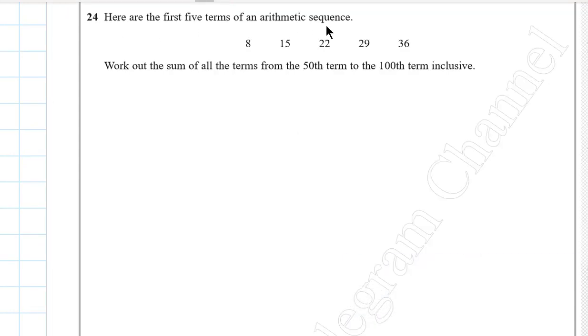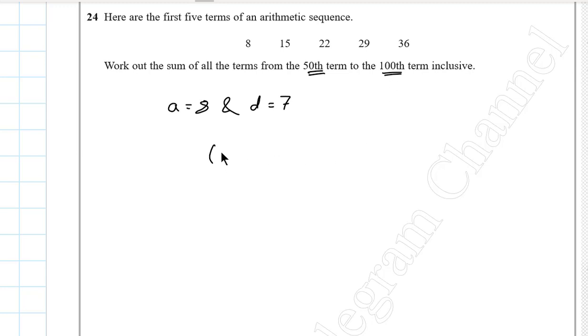24. Here are the first 5 terms of an arithmetic sequence. So we have a equals 8, and d, the constant difference, is 15 minus 8, which is 7. Work out the sum of all the terms from the 15th term to the 100th term, inclusive. The 15th to the 100th. Very good.